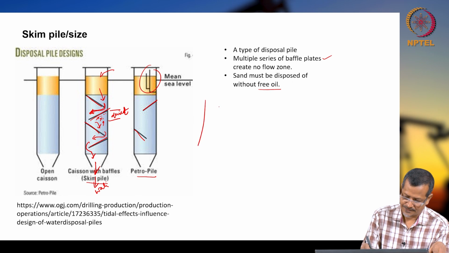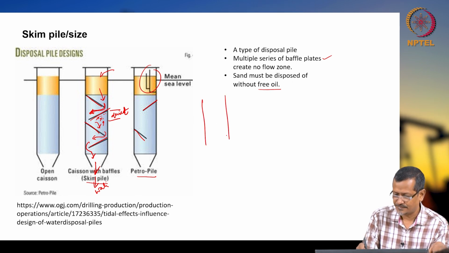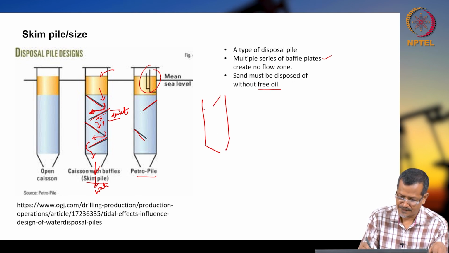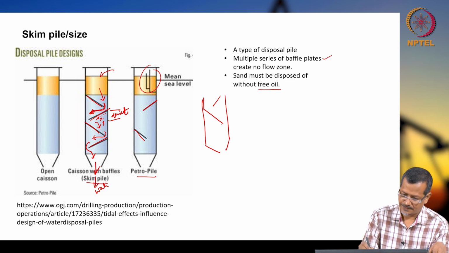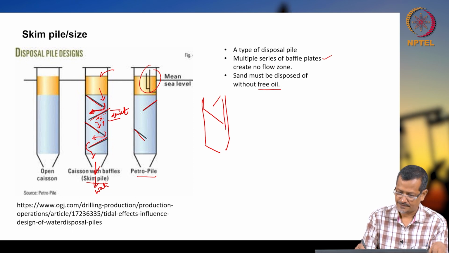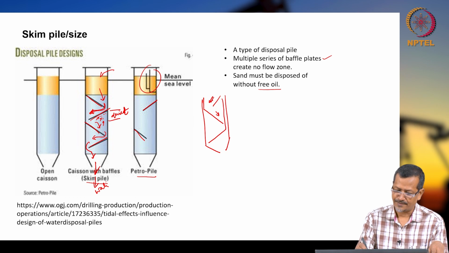I will draw again. It will be vertical like this. Then oil water coming like this. Then another will be coming like this. So, the oil water mixture is coming here.